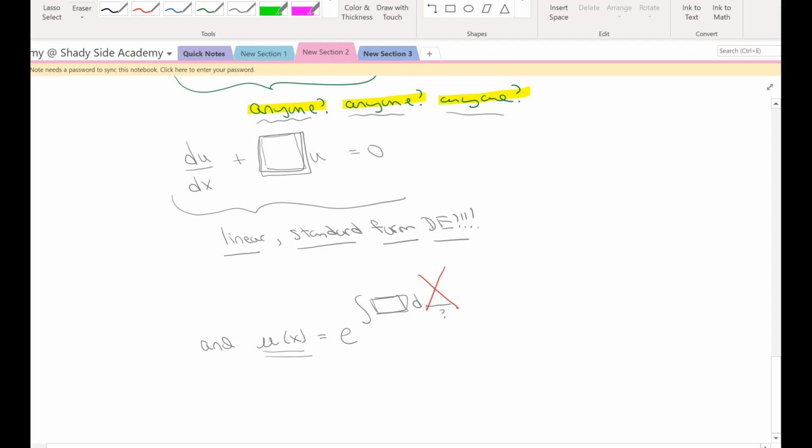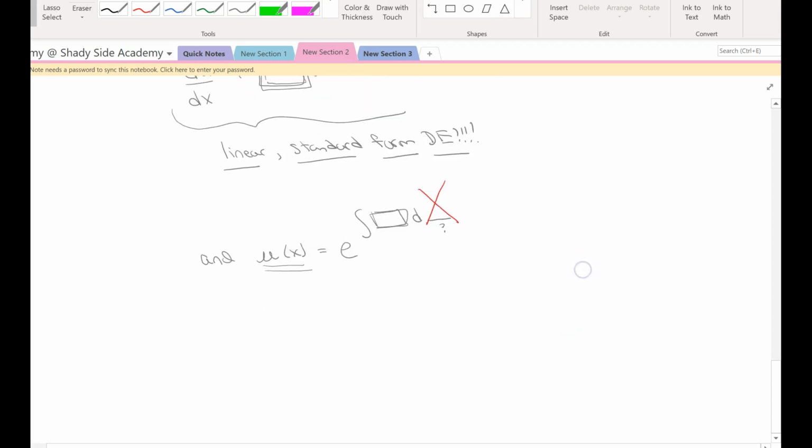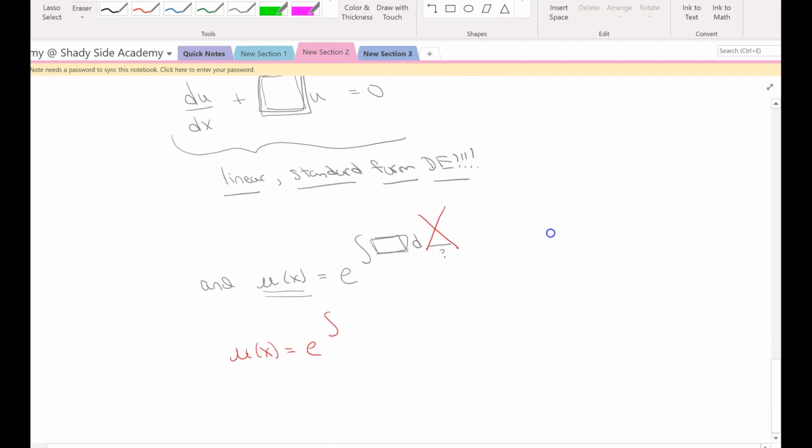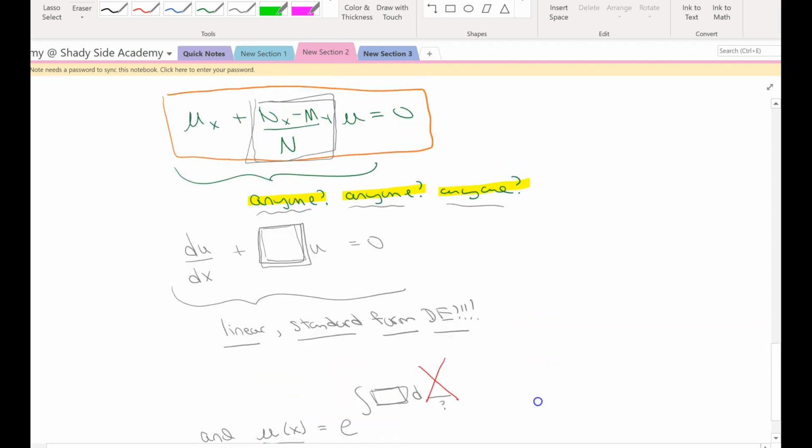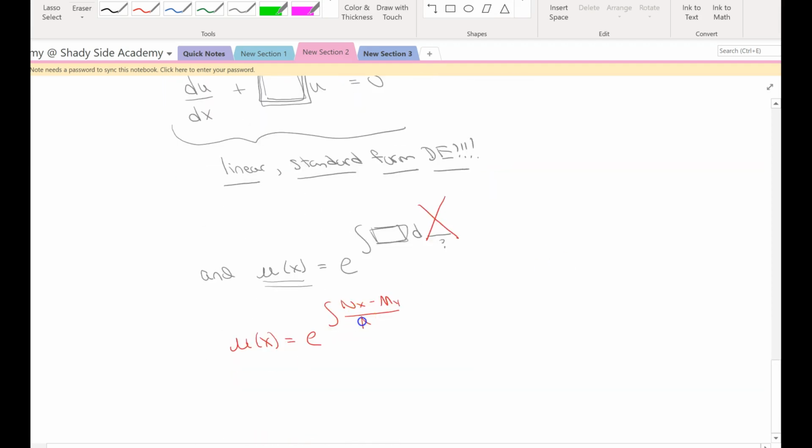Oh my, that's awfully large. Or, in other words, the integrating factor is e to the indefinite integral of n sub x minus m sub y all over n dx.